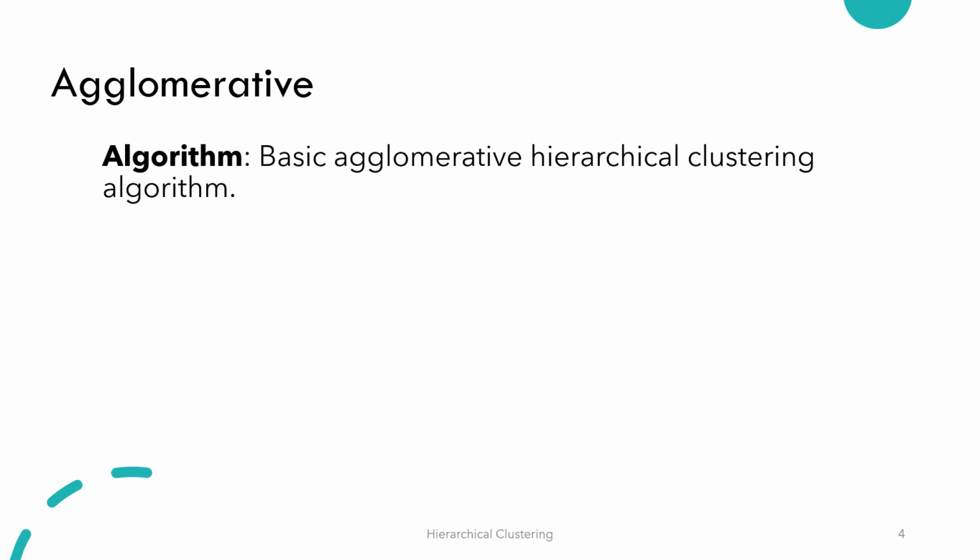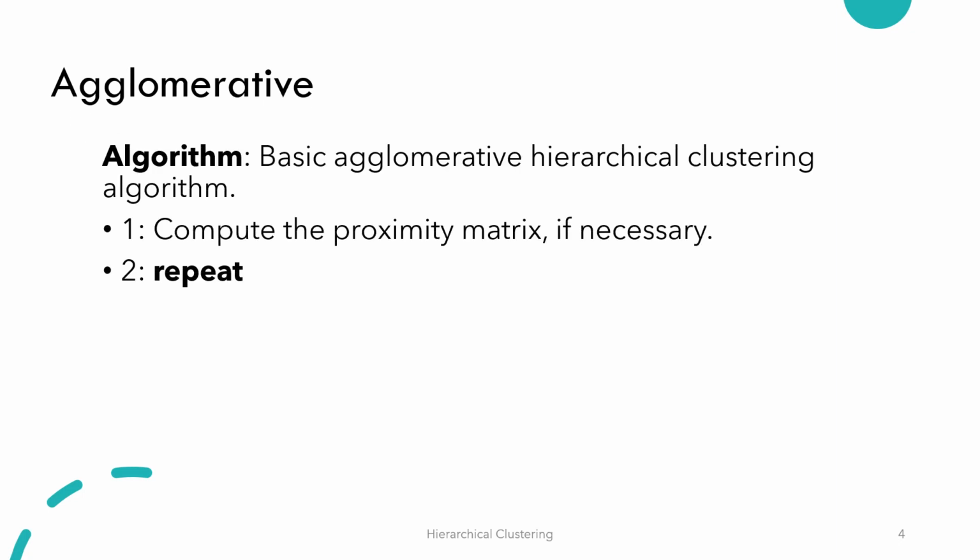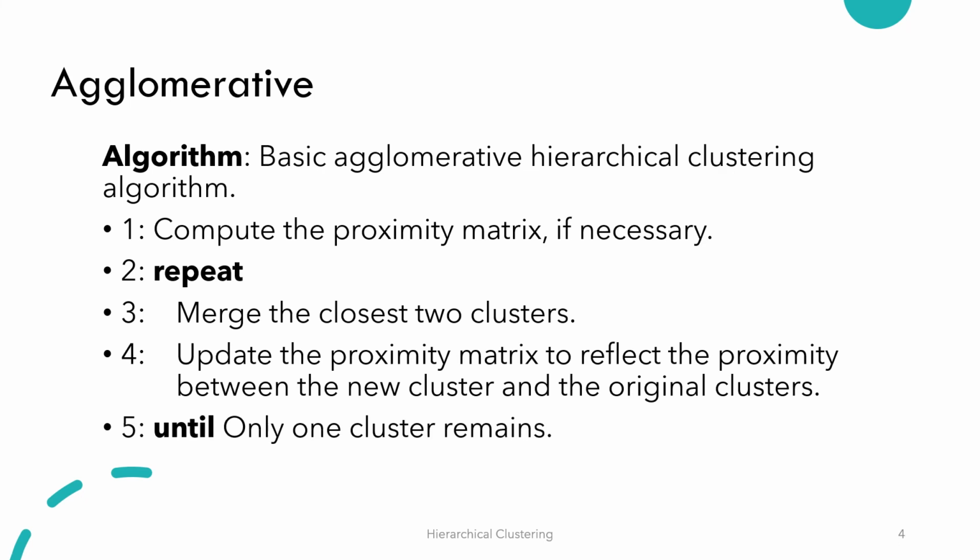Now let's talk about the agglomerative approach. This is the algorithm for the agglomerative approach. First, if we don't already have the proximity matrix, we need to compute it. This depends on the type of data, and we define the proximity between every pair of clusters.